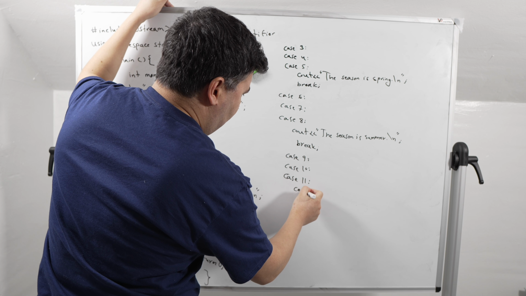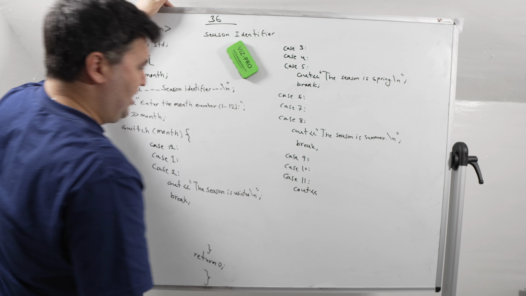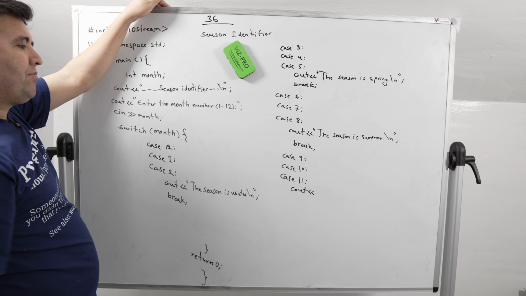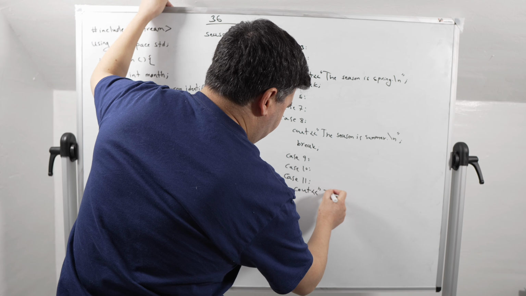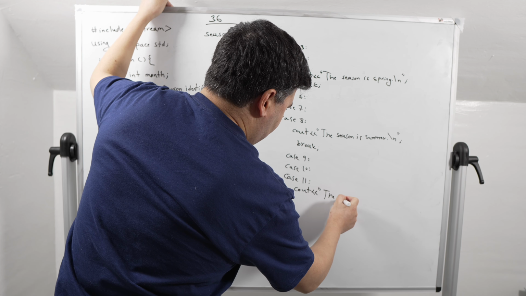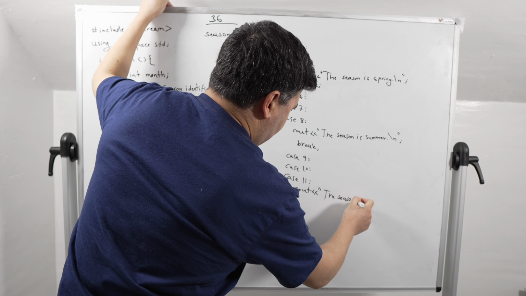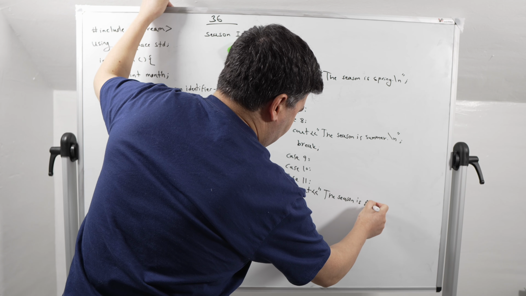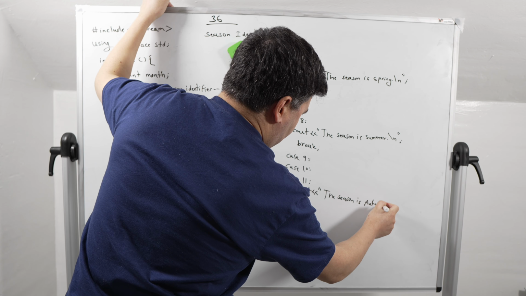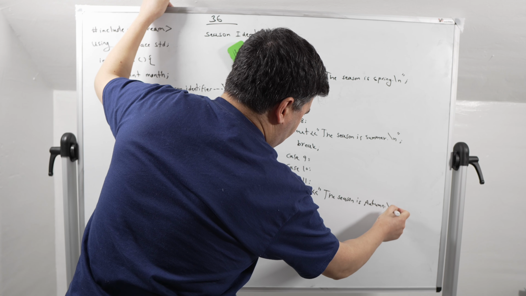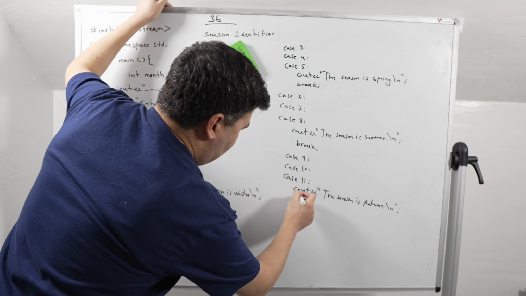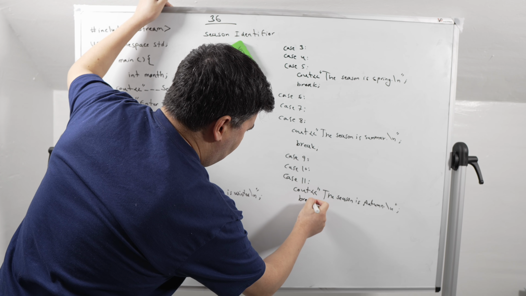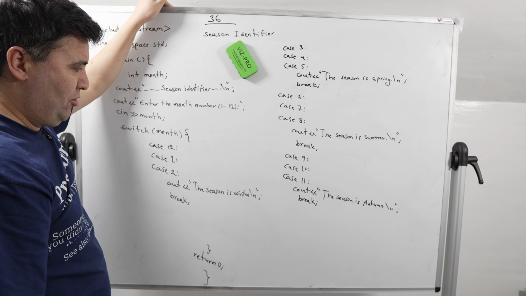So we cout for the user that the season is autumn. Semicolon, quotation. And then we use the break to stop execution of the program inside switch.